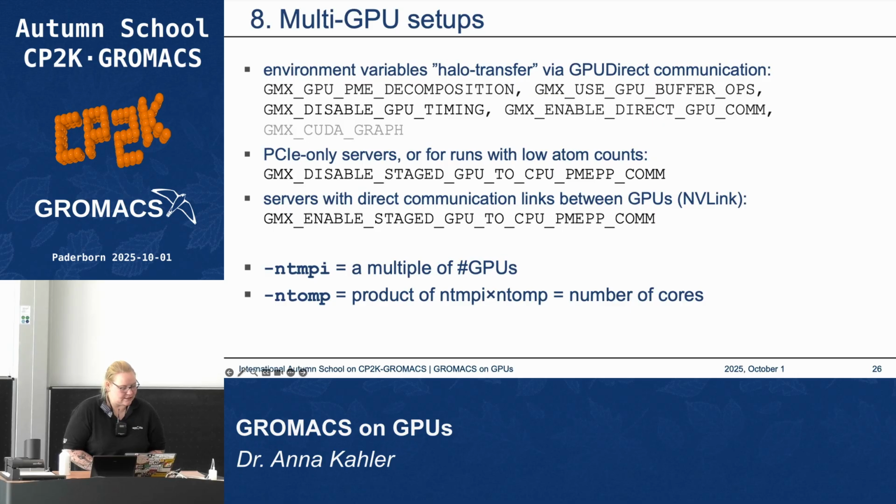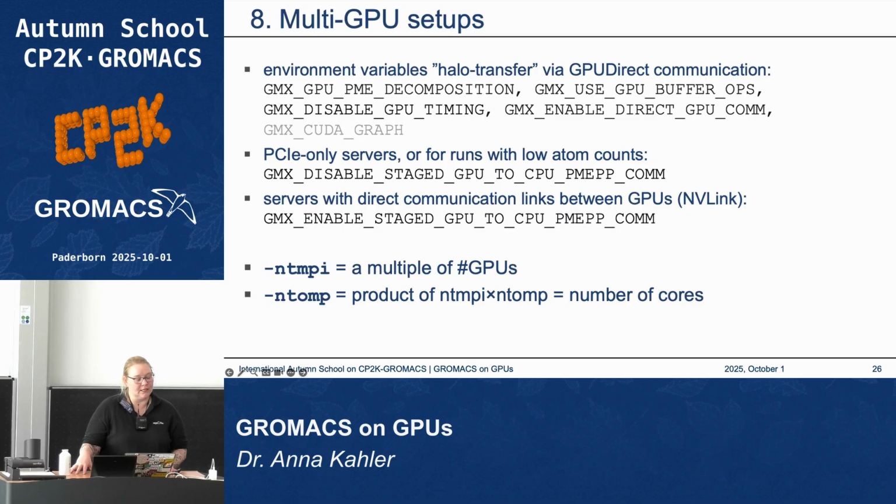And then there's this setting with the PCIe-only servers and the servers that have NVLink available. So that also means look at what your compute center has available as hardware. For example, in NHR FAU, our A40 GPUs are PCIe-only servers, and the A100s have NVLink between them.